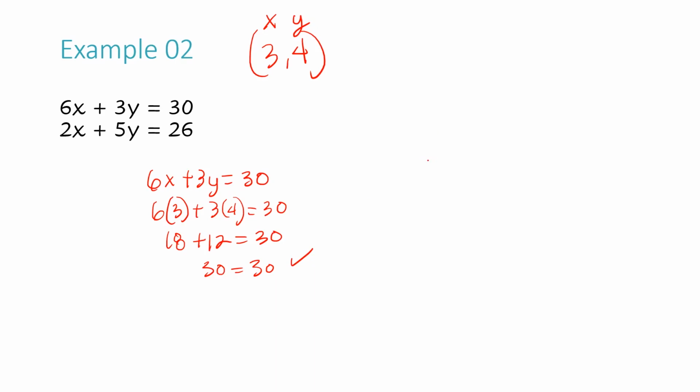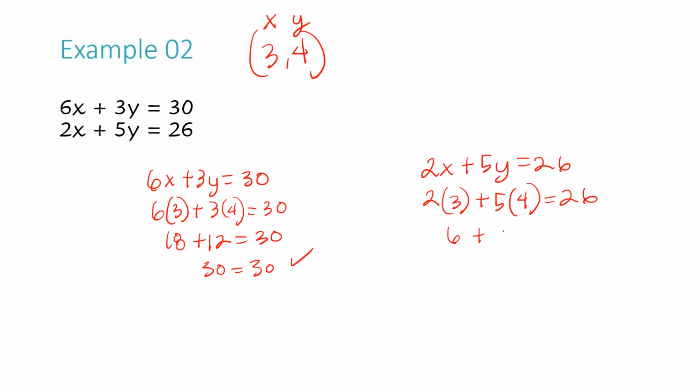Now I'm going to do the same thing, but with the other equation. 2x plus 5y equals 26. 2, what's x? 3. 5, what's y? 4 equals 26. 2 times 3 is 6, plus 5 times 4 is 20, and that does equal 26.